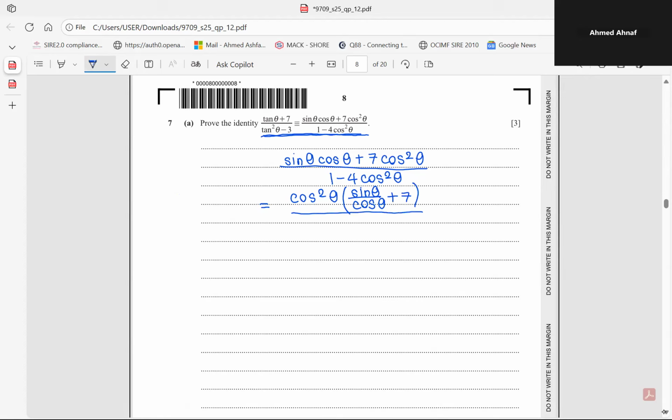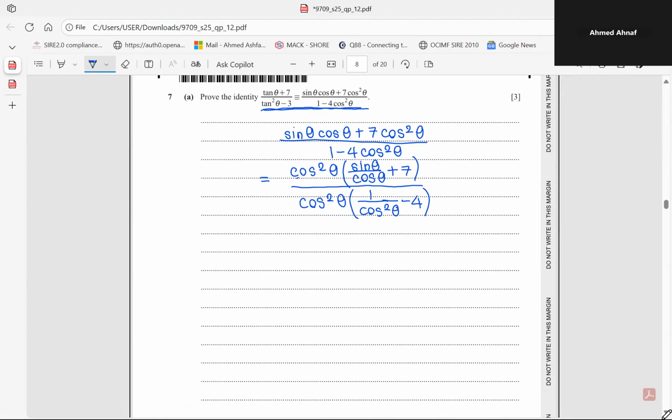And then factoring out cosine squared at the denominator, you'll get cosine squared theta bracket 1 over cosine squared theta minus 4. Okay, so the cosine squared thetas cancel out.